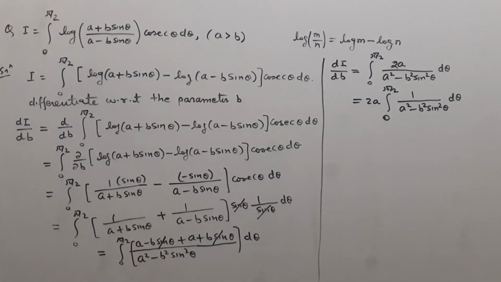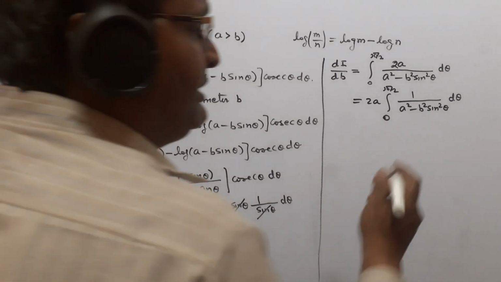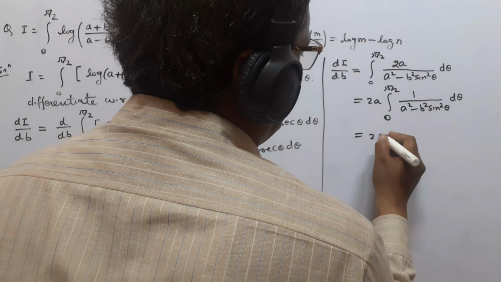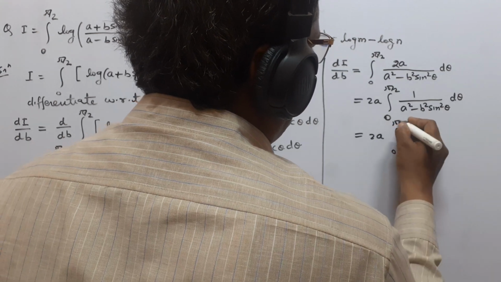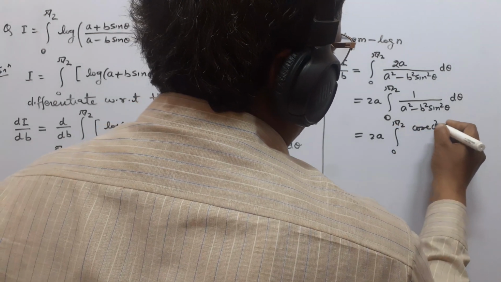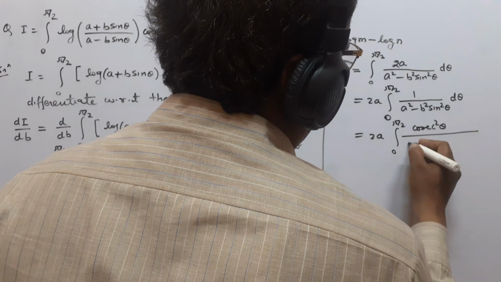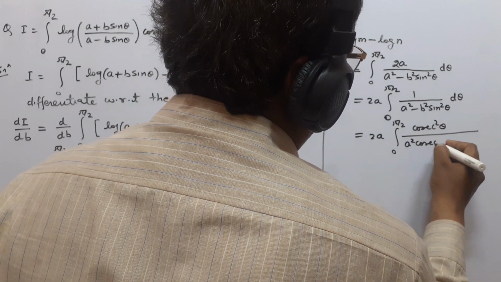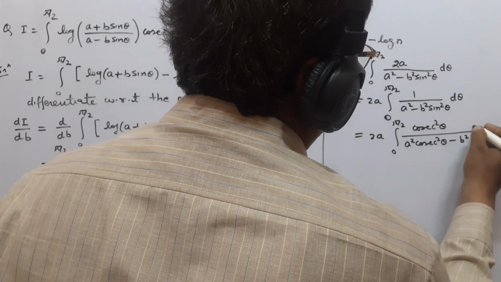Now we integrate this integral 1 upon a square minus b square sin square theta. So for this we divide numerator and denominator by sin square theta. So we get here, this is cosec square theta divided by a square cosec square theta minus b square d theta.